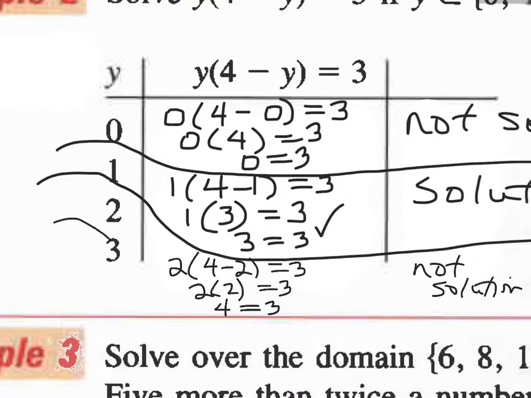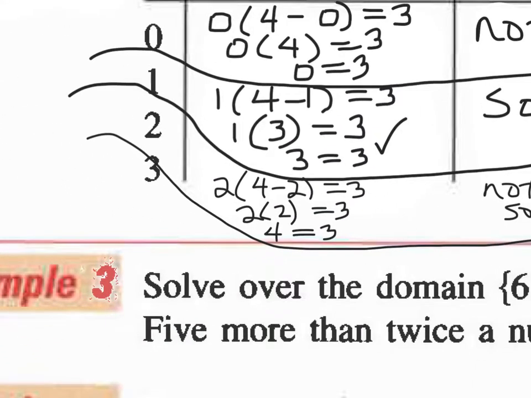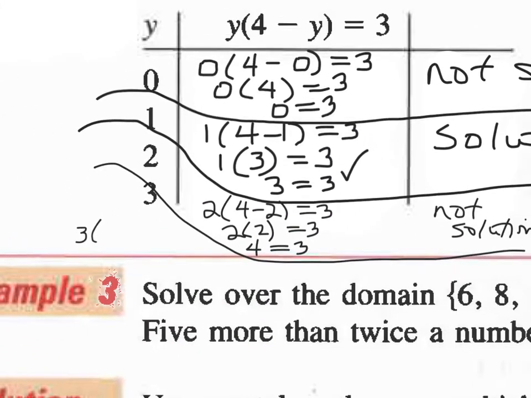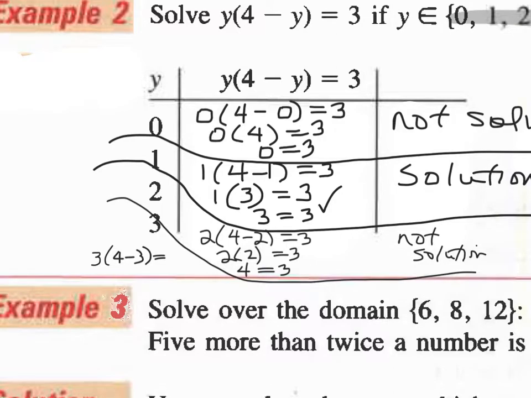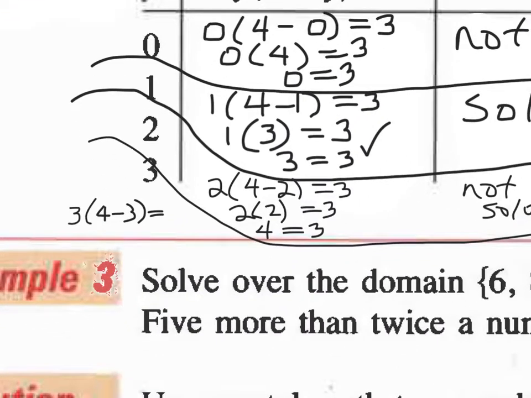And then again, I'm running out of room here, if I plug in the 3, parentheses, 4 minus 3, so 3 times 1, we have another one.